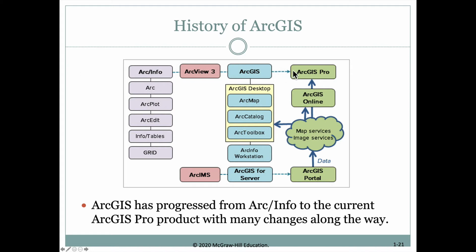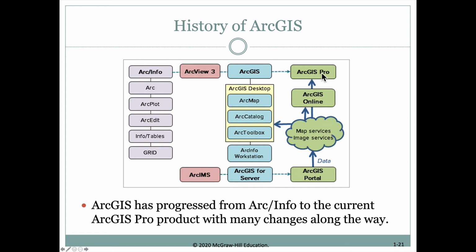And ArcGIS Pro is sort of the newer version of ArcGIS with all of these other things still built into it. But really the thing that's changed a lot is these different map services and image services. These are now typically hosted in the cloud. We can upload data to those from ArcGIS Portal, and then we can access all the data in ArcGIS Online, ArcGIS Pro, or we can still push that back to the ArcGIS desktop environment if we're still using that.